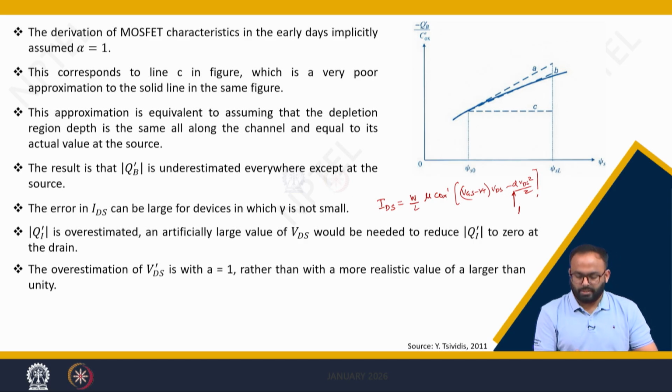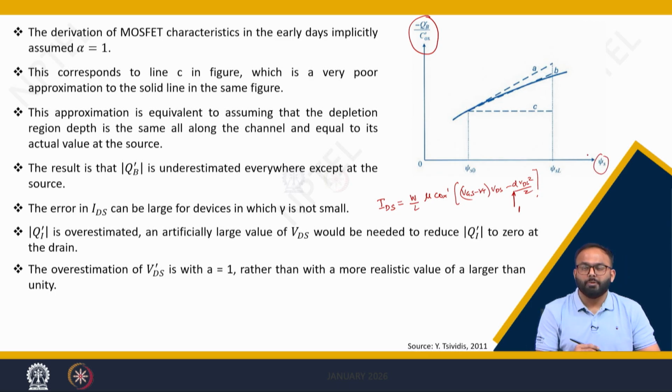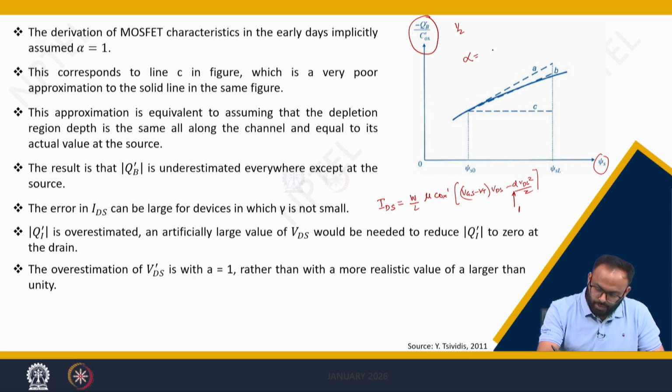Now what is alpha? You go back to your analysis and check, we derived an equation between minus QB dash by COX and psi s, meaning we plotted a graph for linearizing this QB dash to avoid the square root term, right, and we said that alpha is nothing but 1 plus gamma divided by 2 times root psi SE. Based on this expansion point we drew 3 lines, right.